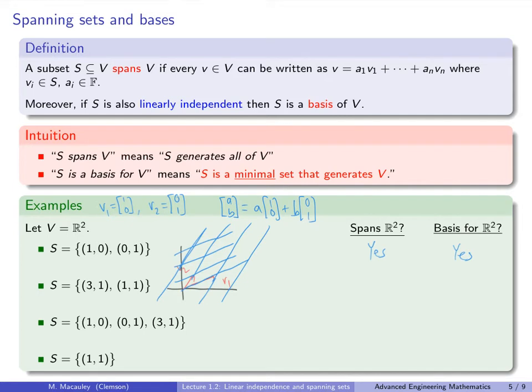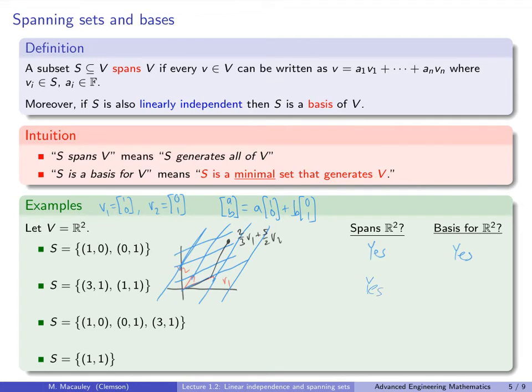So this vector here, we can write as 2/3 v1 plus, I actually mean 5/2 v2, because it's 2/3 steps in this direction and 5/2 steps in that direction. So yes, this spans R2.